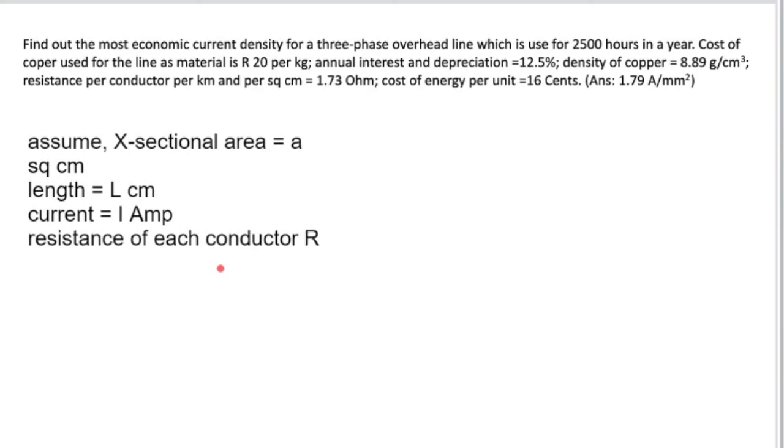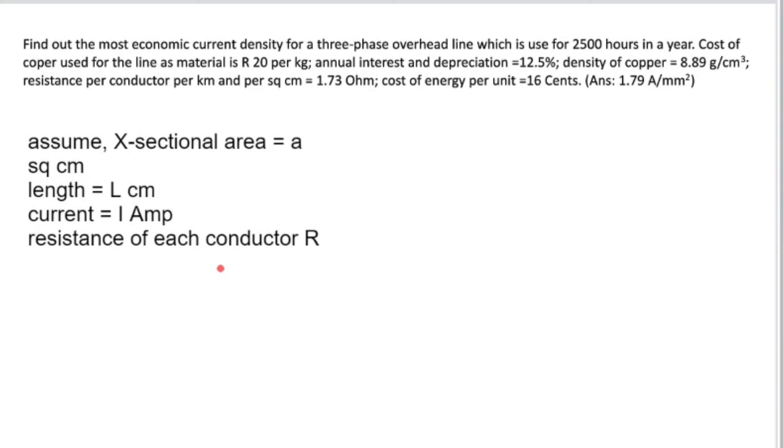R is equal to rho L over A. So it will be 0.173 times L centimeter divided by A, which is the cross-section.